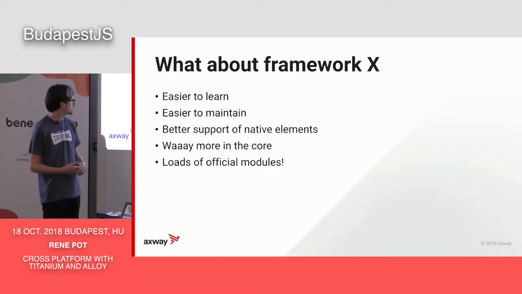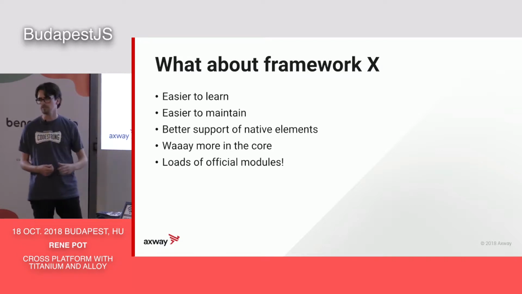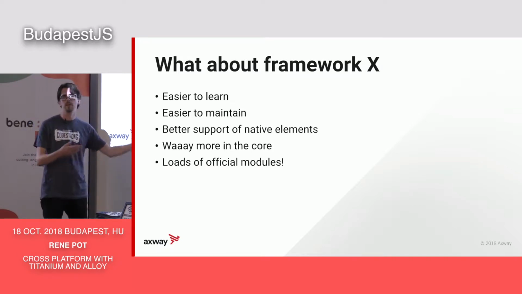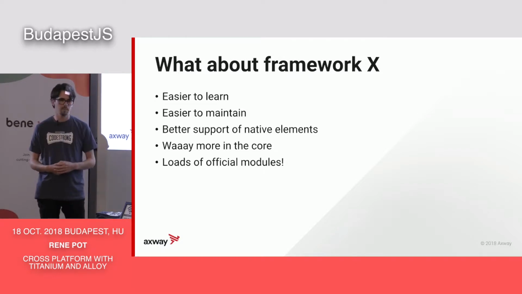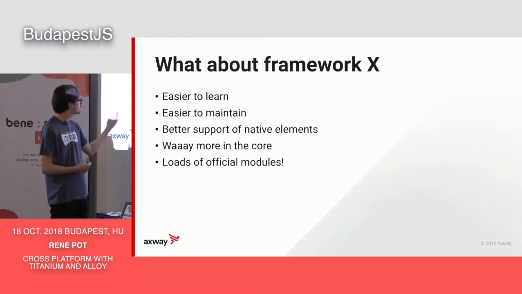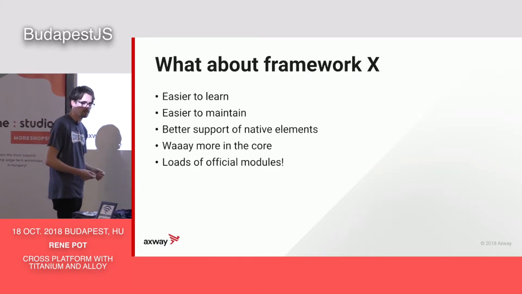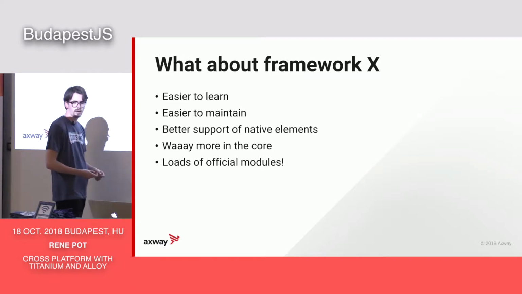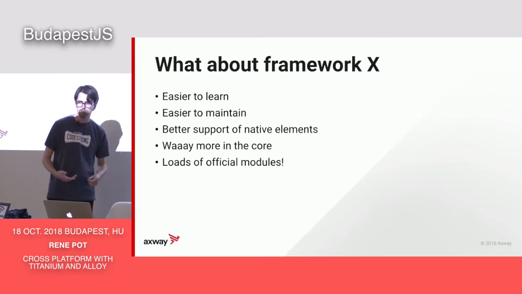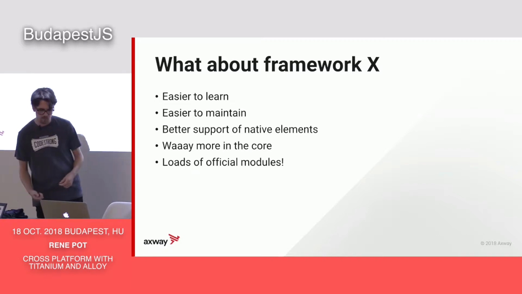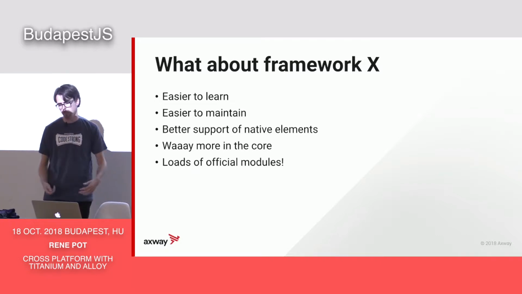And what's not in the core is most likely in official modules, because you don't want to compile everything into your app. There are tons of official modules for maps, for NFC support, keychain, the default things that most people want to use, but not everyone, so it's not in the core, it's in a module.